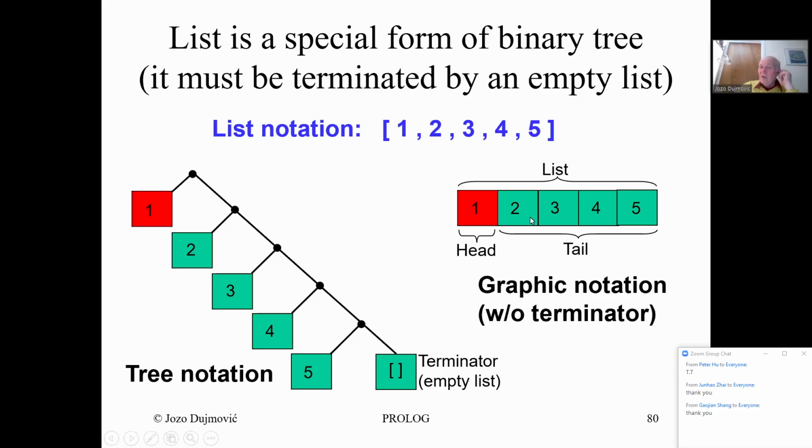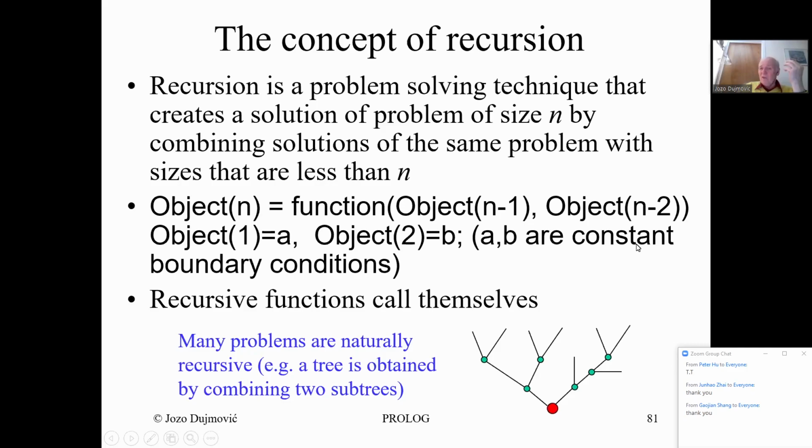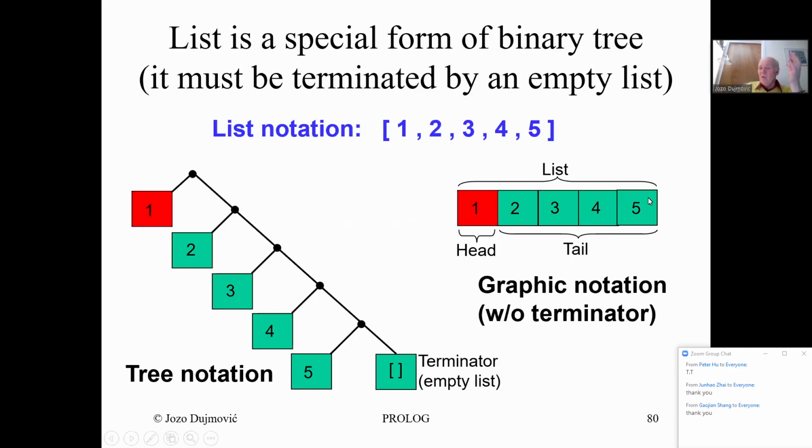In graphical notation, this first element here is called the head of the list. The rest of them is called the tail of the list. So a list consists of a head followed by a tail. Many lists are, of course, decomposable into head and tail.